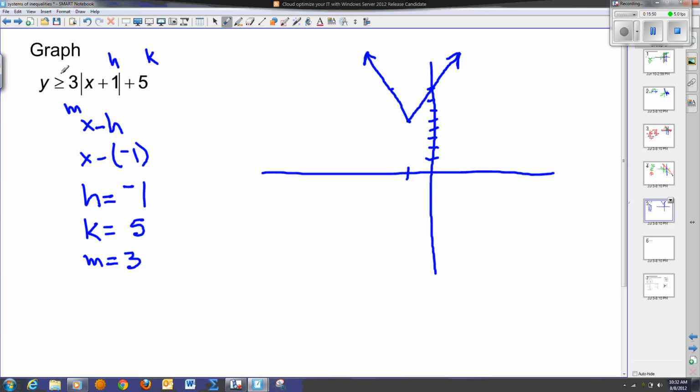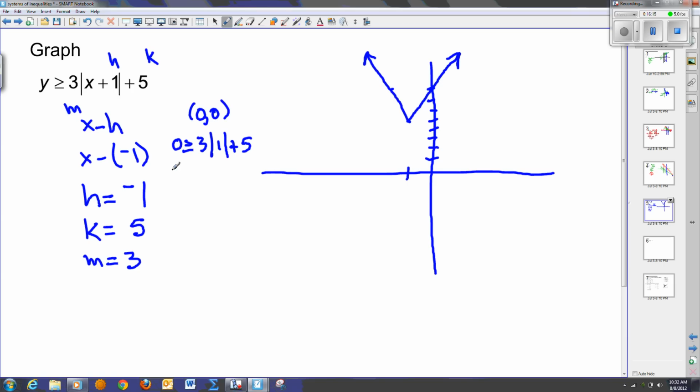And now, since this is an inequality, I have to go ahead and shade everywhere where y is greater than this function. And again, I'm just going to go to that sample point. I'm going to pick my sample of 0, 0. So I have 0 greater than or equal to 3 times the absolute value of 1 plus 5.